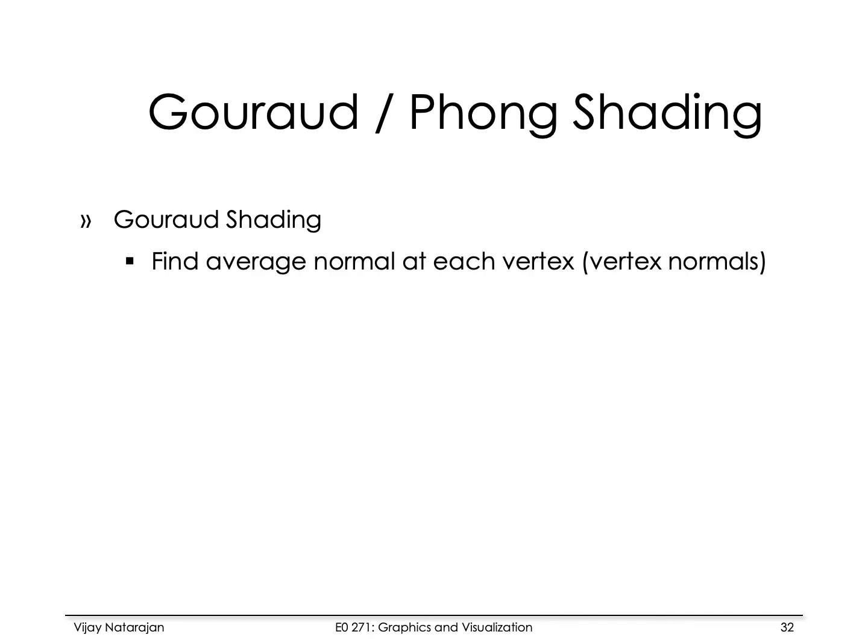You find the normal at every vertex. You apply the Phong model at each vertex. So we have already seen the expression for the Phong lighting model. So this will give you the light intensity or the color at every vertex.